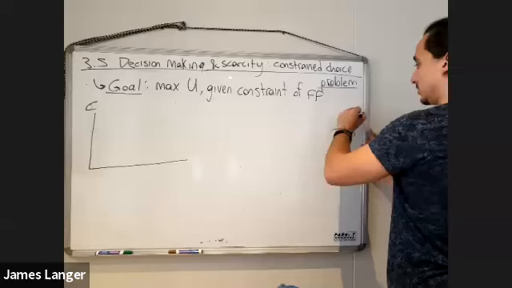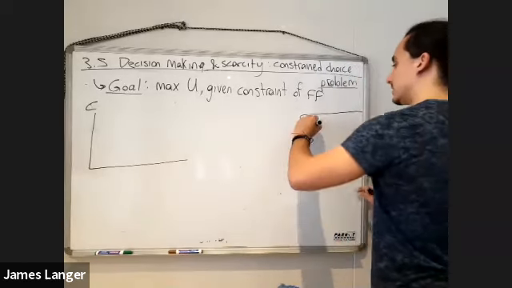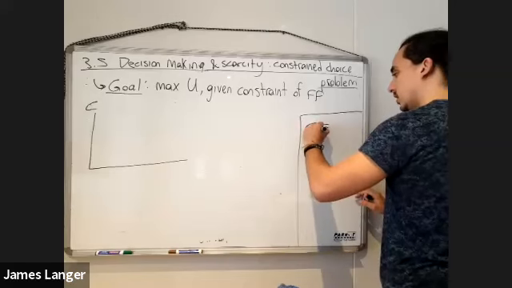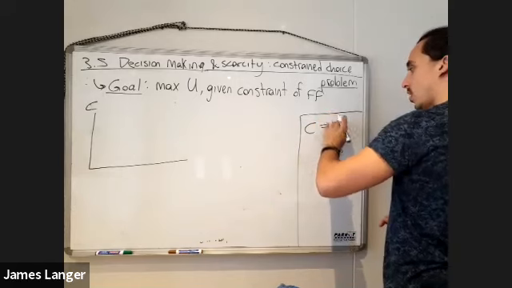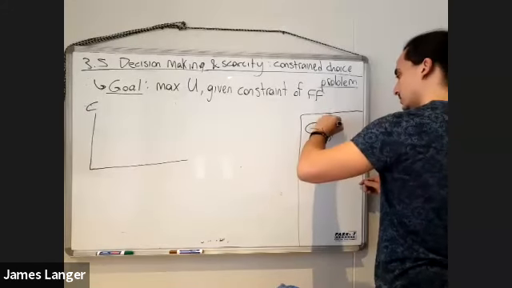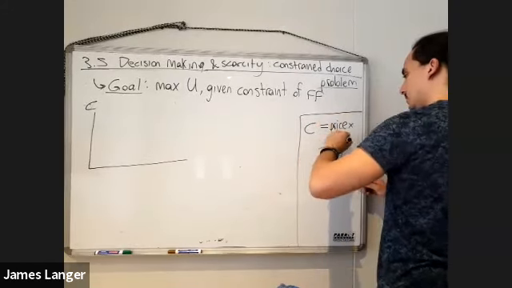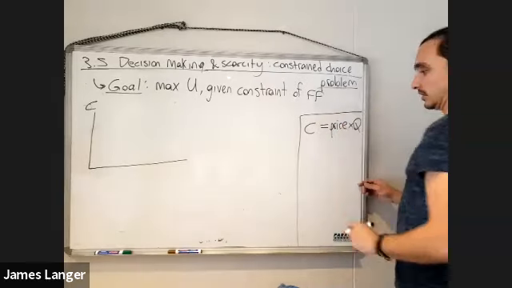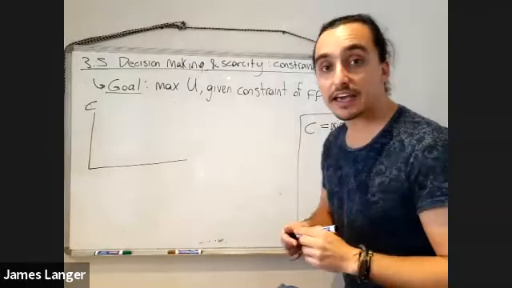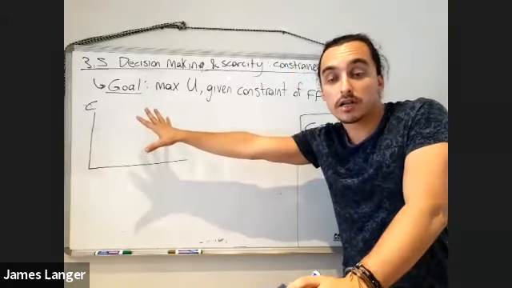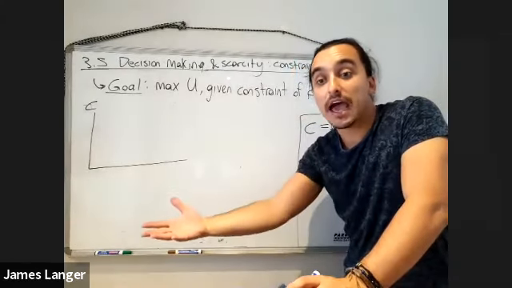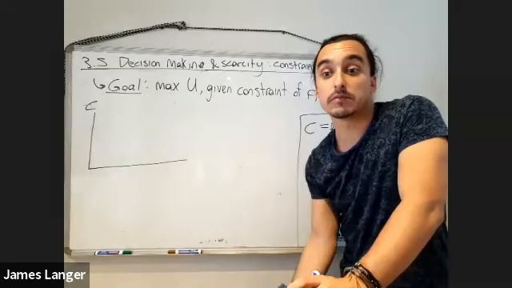I'll do a little side note here. C is going to be equal to price times output. Okay, so let's say I own a pizzeria, right? We had pizzas there earlier. Now I'm going to sell those pizzas, and that's going to be my income. And my income is what I consume.